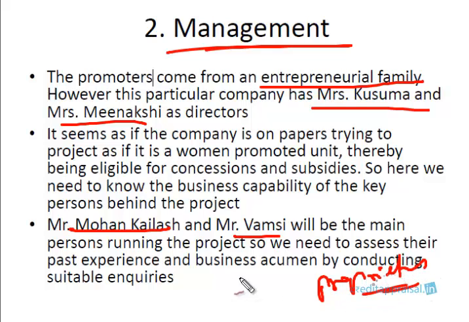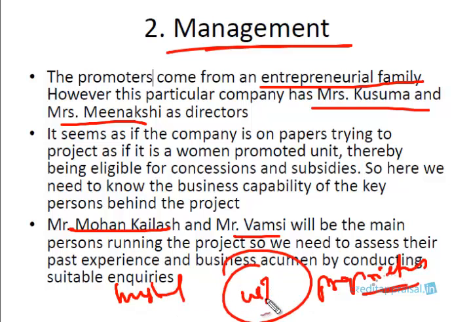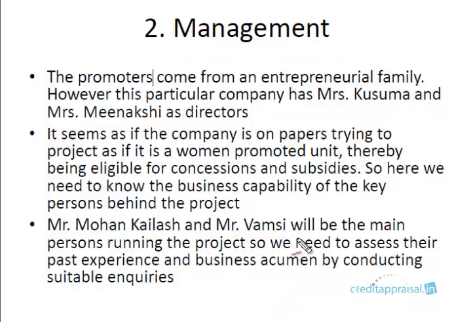The husband will be the actual person running the business, whereas his wife will be the proprietor of the firm. This is done for various reasons, primarily because banks have concessional rates of interest for women borrowers, or state governments may have incentives or subsidies if a unit is promoted by a woman entrepreneur. So sometimes these things do happen.